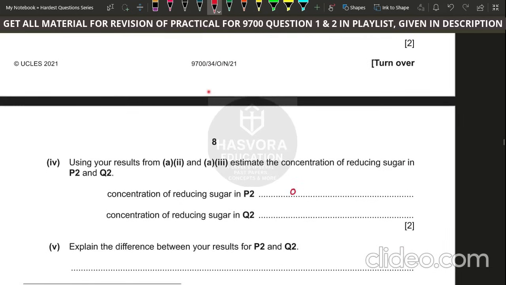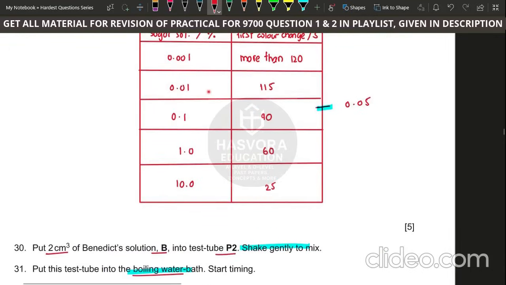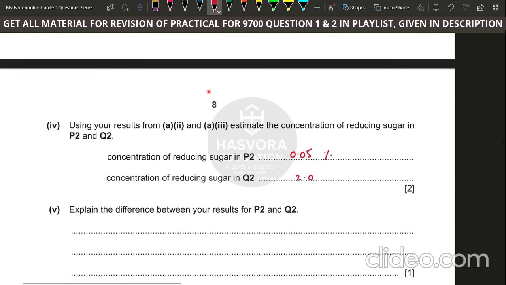And then the other one is 45 seconds, so it will be between the 1% and the 10%, but it is more closer to the 60 seconds, so this means it is more closer to that one. Okay, so let's just take it as about 2.0%.